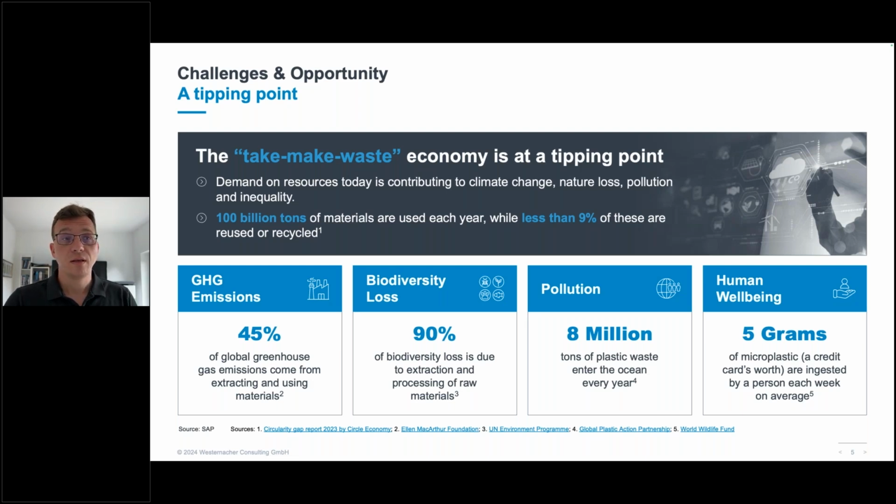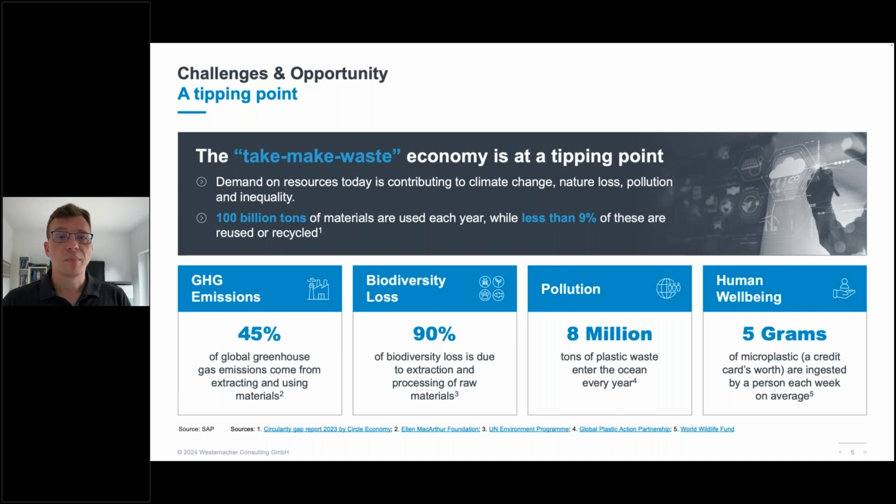We now need to think carefully about how we interact with the world and sustainability. We brought in some facts that definitely made me think. Less than 9% of all the materials that we use each year are recycled. I think that is already very disturbing.